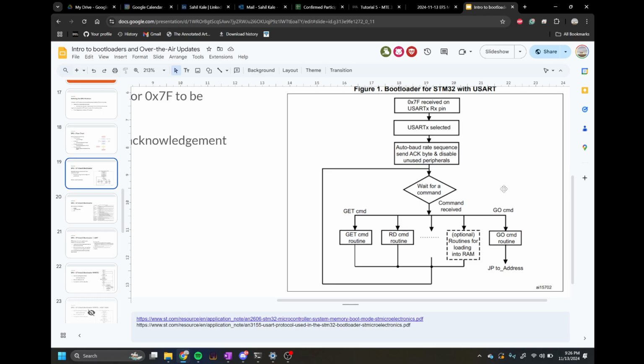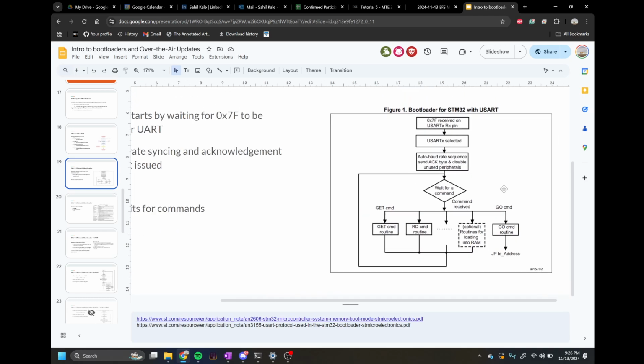Go ahead. Yeah. That is a totally different concept than using SWD from the debugger side to flash. Correct. It's completely different from using a debugger. Yeah, I was going to ask, what if you're in your application? Is there a way to invoke the bootloader? The inbuilt bootloader, I'm actually not sure if you can invoke it from your application.